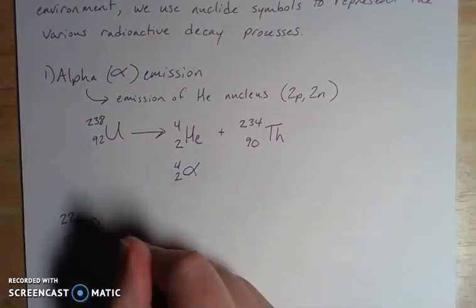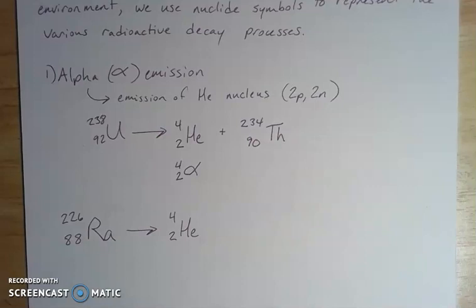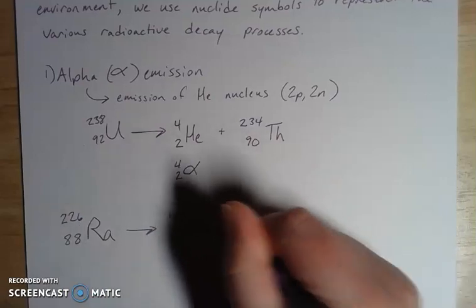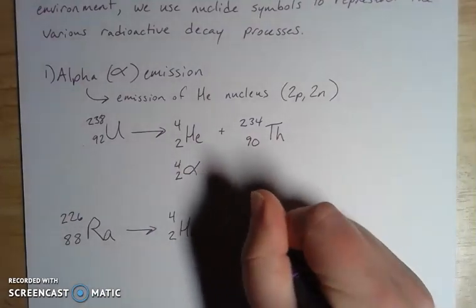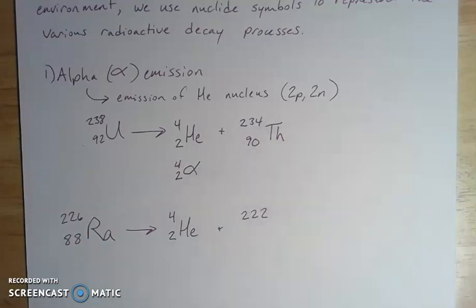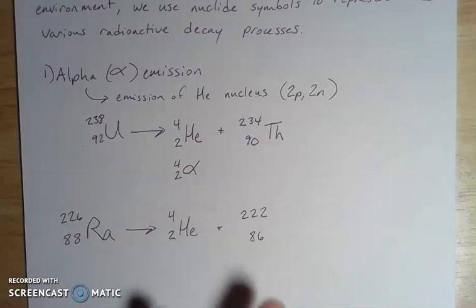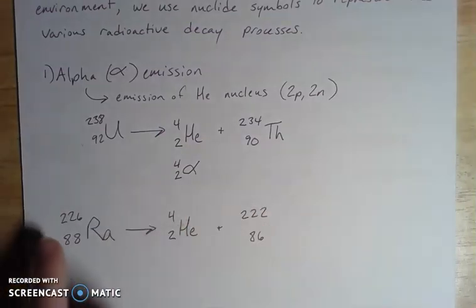When radium emits an alpha particle, so here's my helium nucleus with the 4 nucleons and the 2 protons, then what I have left over is 226 minus my 4 gives me 222. And then 88 minus 2 is my 86. So the numbers on the bottom have to balance, the numbers on the top have to balance.